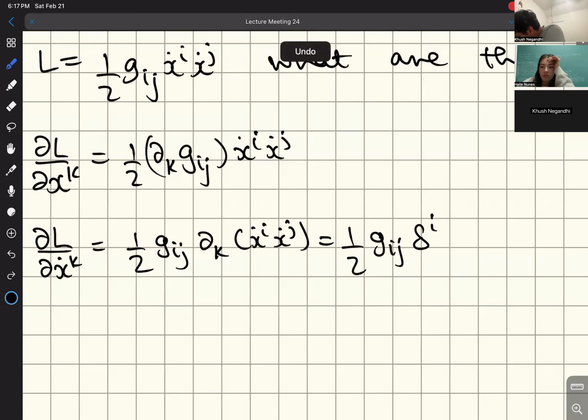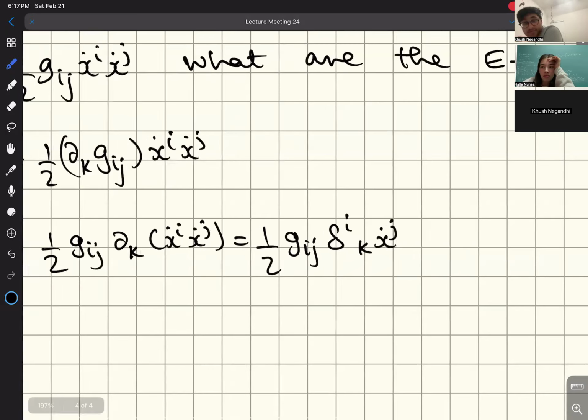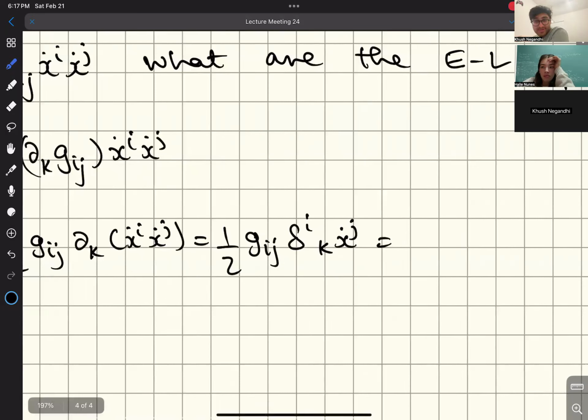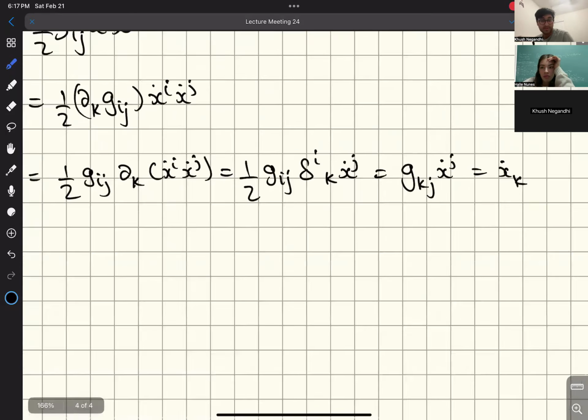Now the indices, whether they're up or down, actually matter, so let's be careful with that. Then just doing some index manipulation, you get that this is g_kj. If I wanted to, I might also write it with lower indices.